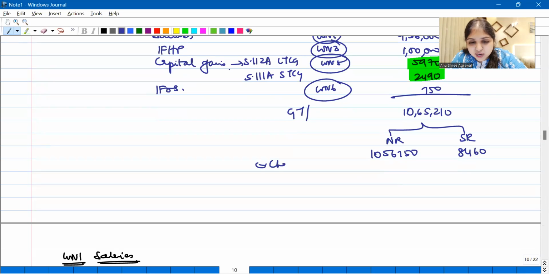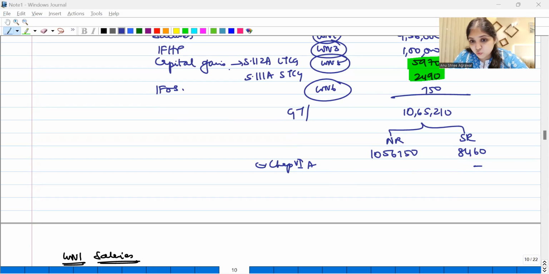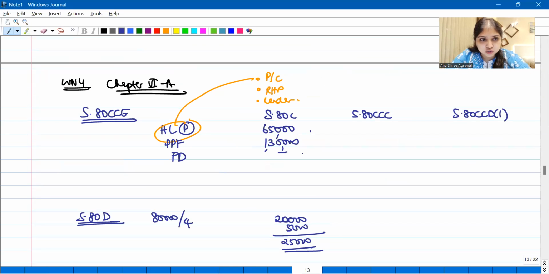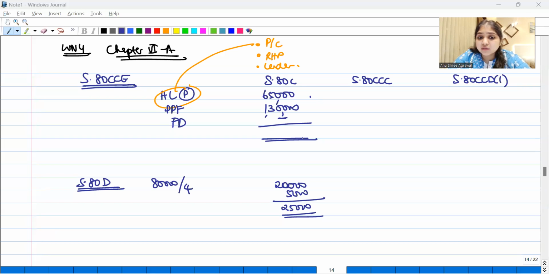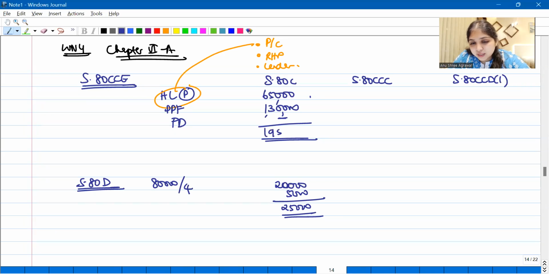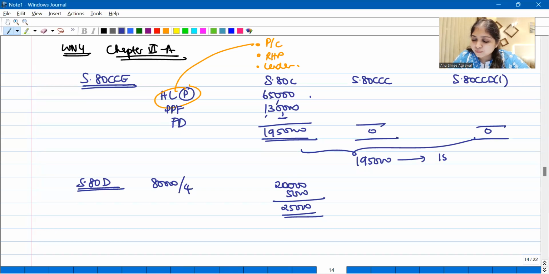Now I'll subtract chapter 6A. Chapter 6A we can't subtract against special rate income. I'll give reference to working note number 4. Total chapter 6A is how much? We haven't closed the working note yet. Total ATC, if you see, 1,30,000 plus 65,000. This is going to be 1,95,000. Okay. Do we have any ATCCC? No. Do we have ATCCD1? No. So total is 1,95,000, which I will restrict to 1,50,000.